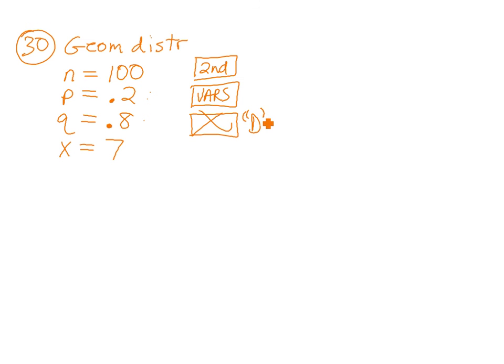You go down to D, hit enter, and that's going to pull up Geomet PDF with the parenthesis, and then you punch in your, no, I'm sorry, don't punch in your N. You punch in your P and your X. Once you do all that, it gives you an answer.